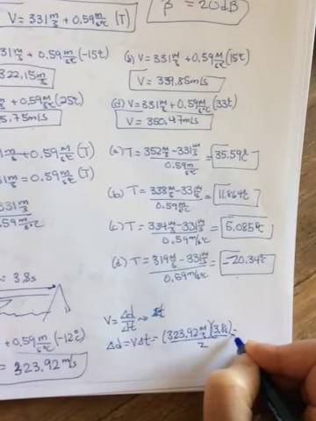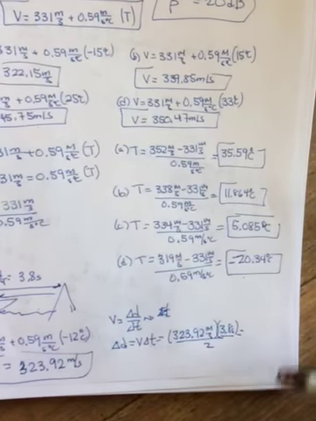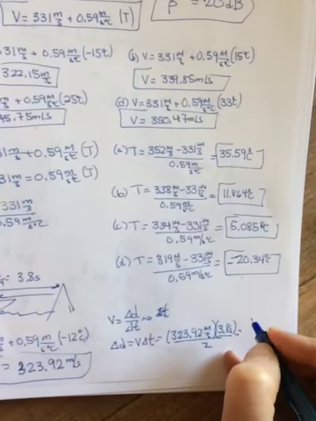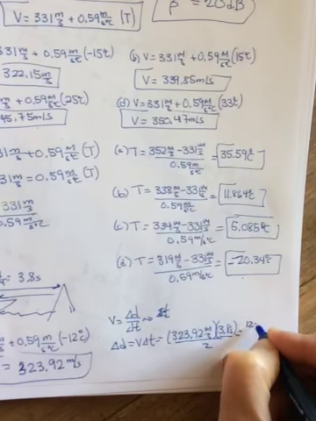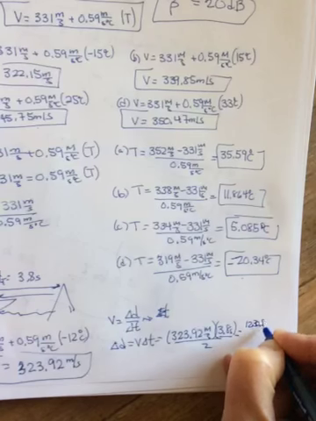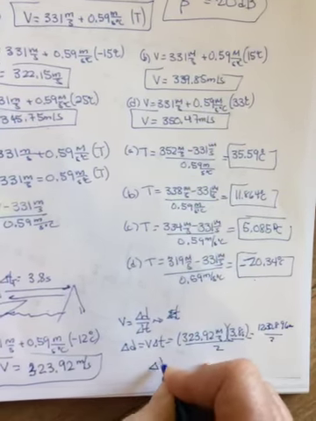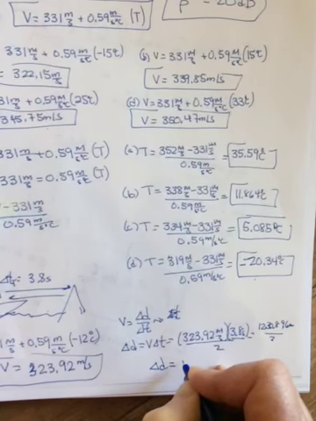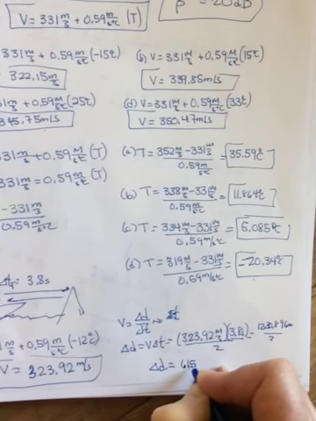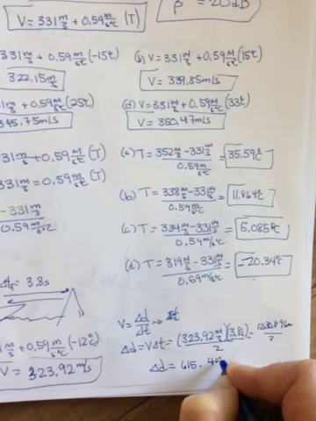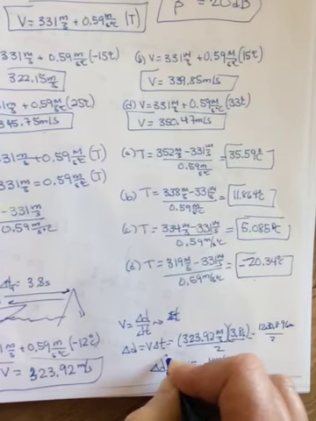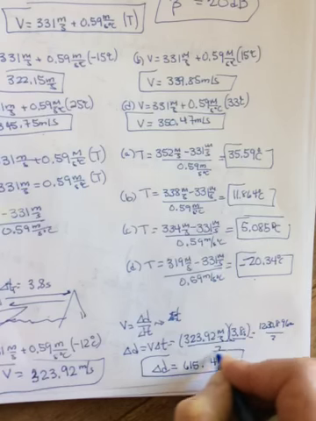If you do the whole thing over 2, then on the top you get 1230.896 meters, and that's going to be over 2. And in the end, then your delta D should be 615.448 meters.